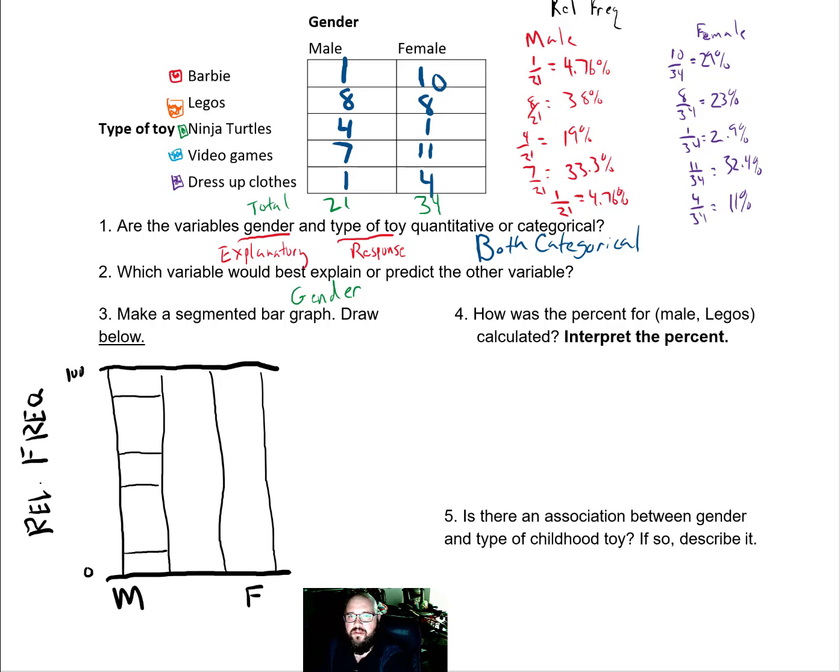So with that, we're going to go ahead and write this in. We're saying our red with Barbie, we started all the way down here. So I'm just going to label this as 4.76%. And then we're going to go with Legos, in which case we had 38%. Okay, then we had Ninja Turtles as 19%.